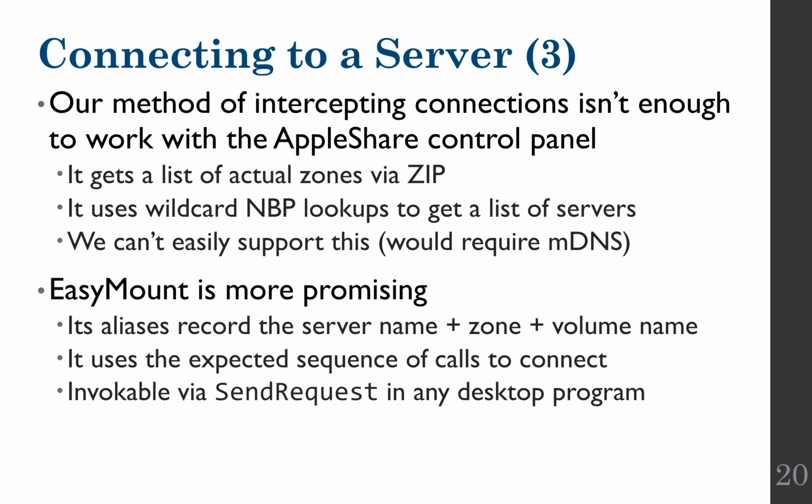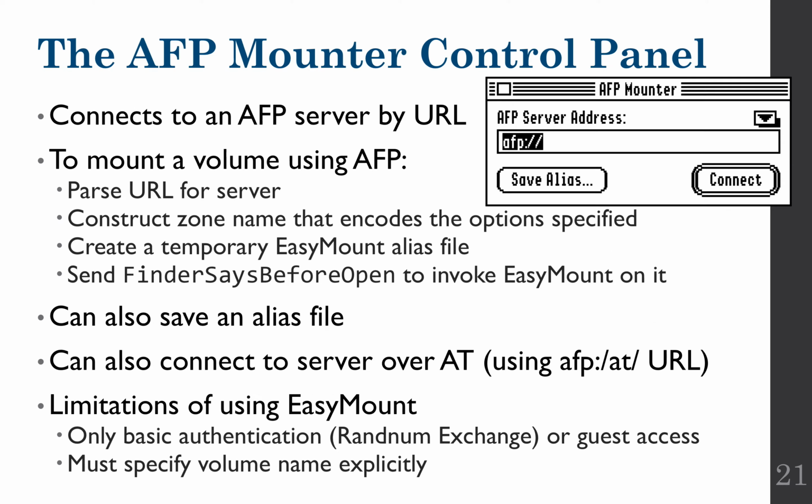And it's actually possible to invoke EasyMount in any desktop program. You just use a send request call and essentially ask it to open the alias file. So that actually is something we can work with, as we will see in the next slide.